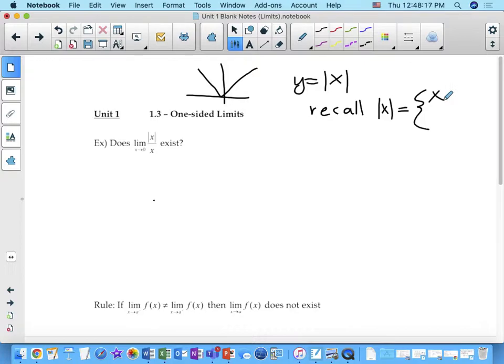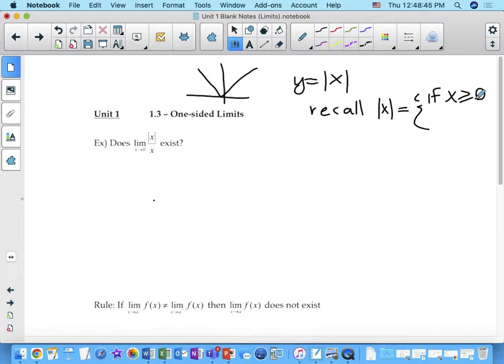So it's equal to x if x is greater than or equal to 0. Okay? If x is positive, the absolute value of x is just x. If it's negative, though, the absolute value of x is equal to negative x.